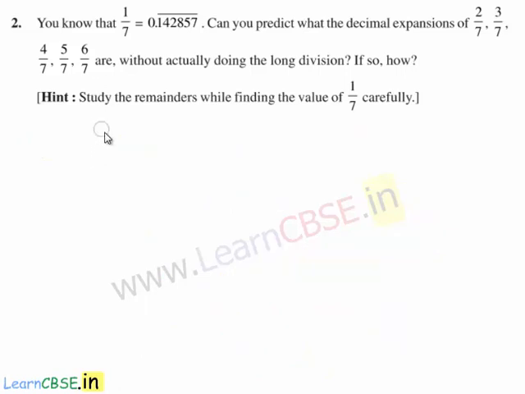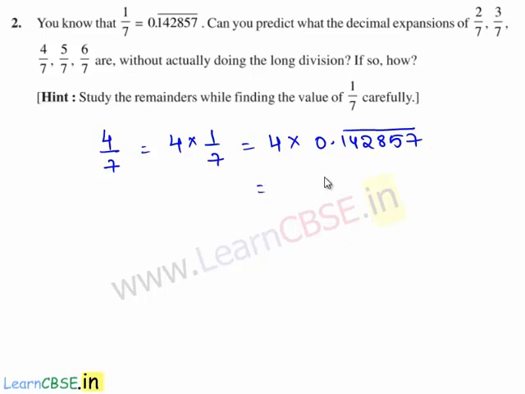Now, the decimal expansion of 4 by 7 is obtained by multiplying 4 with 1 by 7. That is, we multiply the decimal expansion of 1 by 7 with 4. That is, 4 times 0.142857 bar.